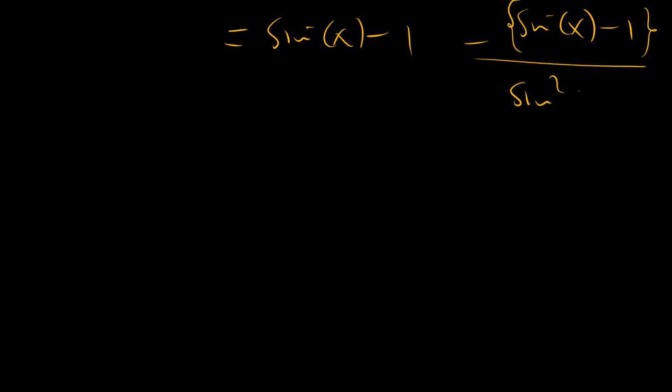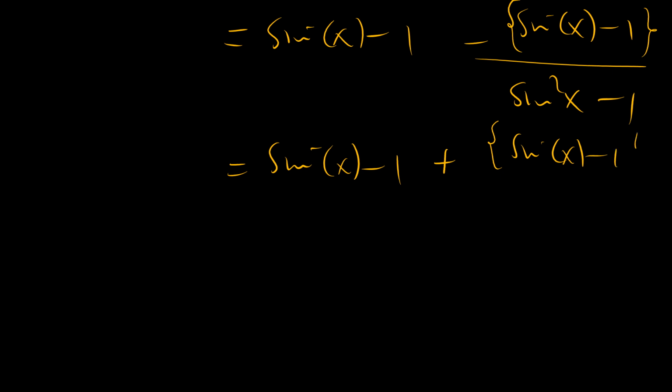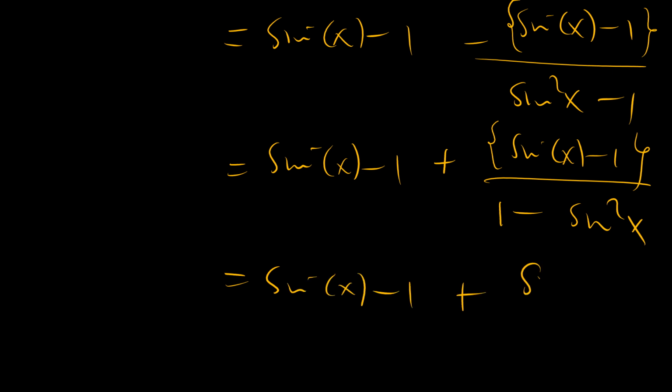So this is sine x minus 1 minus sine x minus 1, over sine squared x minus 1, which is sine x minus 1 plus sine x minus 1 over 1 minus sine squared x, which is cosine squared x.